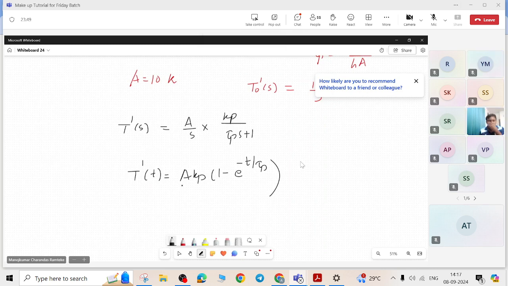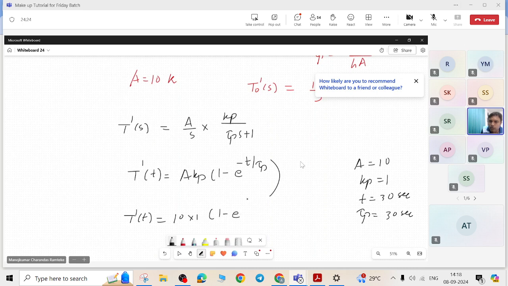Now what is given here? A we already know is 10, Kp is 1. And remember, this step input is continuing for 30 seconds, and tau p is also 30 seconds. So we can calculate T dash t, which will be 10 into 1 minus e raised to the power minus 30 by 30.